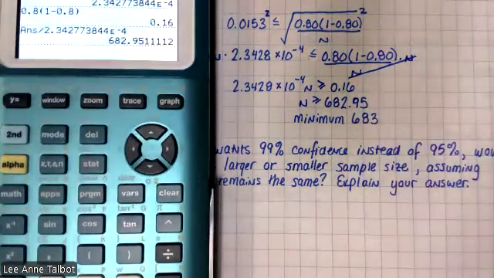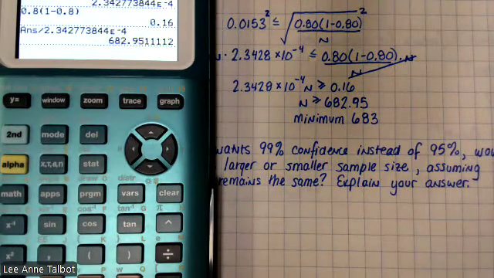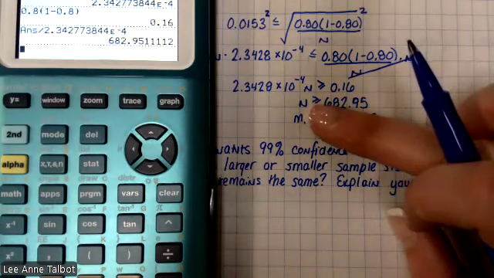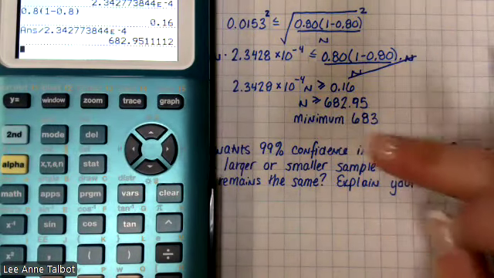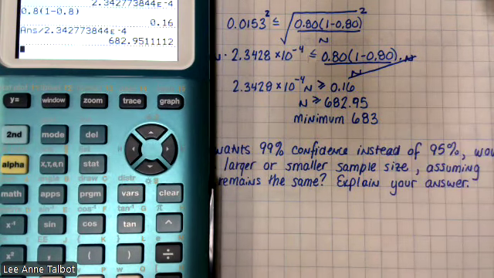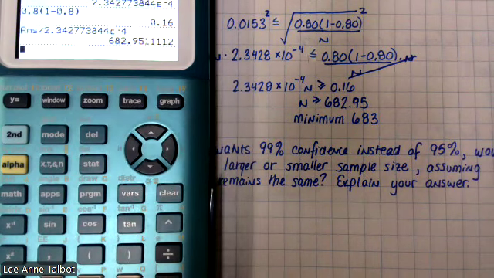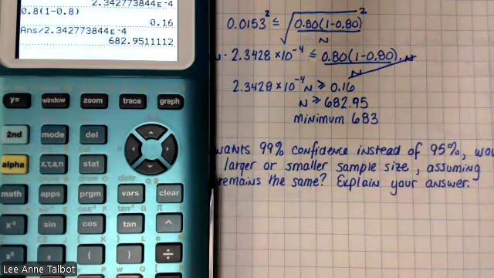So that means your sample size at a minimum needs to be 683. And the reason that I said that the sign really doesn't matter is because you're going to round that up to the nearest whole person anyway. Because you're not going to have a 0.95 of a person.